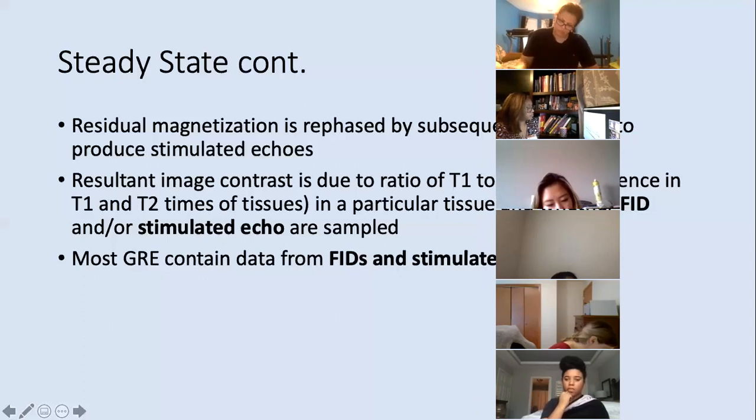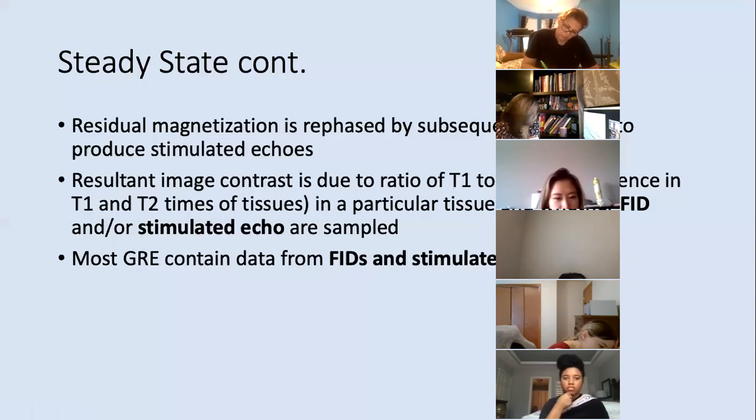So image weighting is determined by a lot of things in gradient echoes compared to spin echoes. It's determined by TR, TE, and flip angle. It's determined by a ratio of T1 to T2. And it's determined by what we do with our residual transverse magnetization.